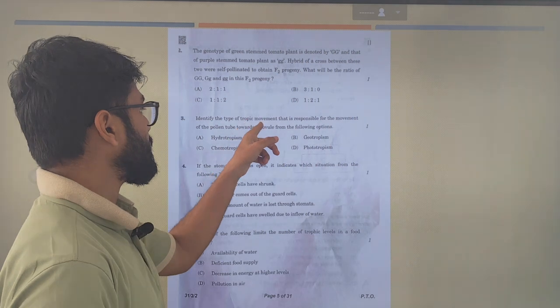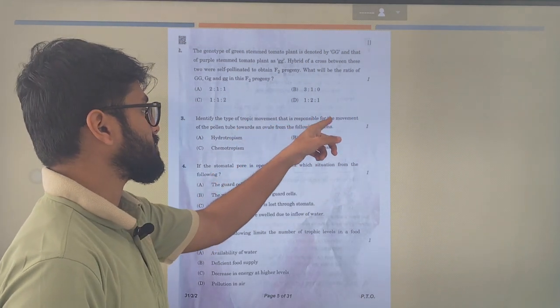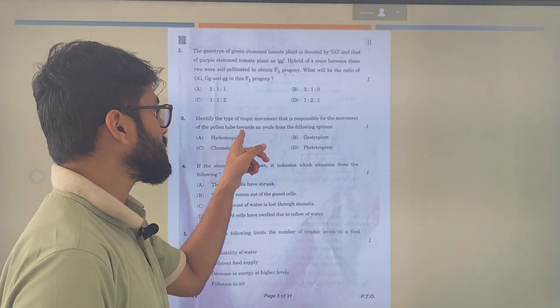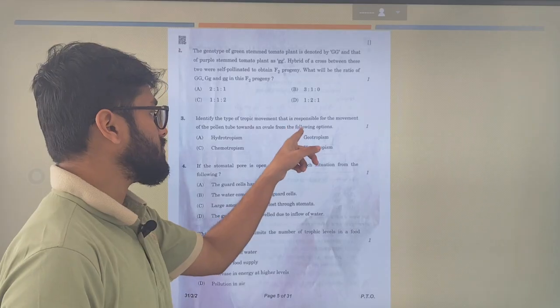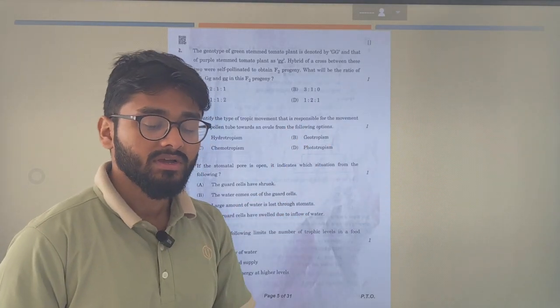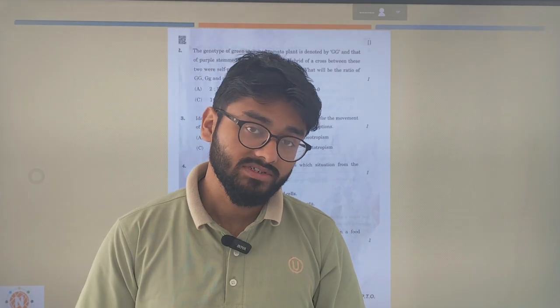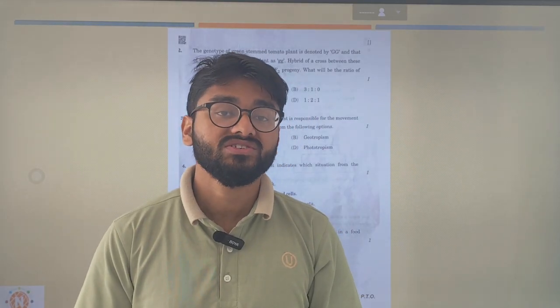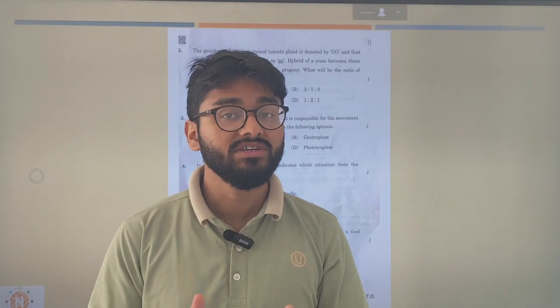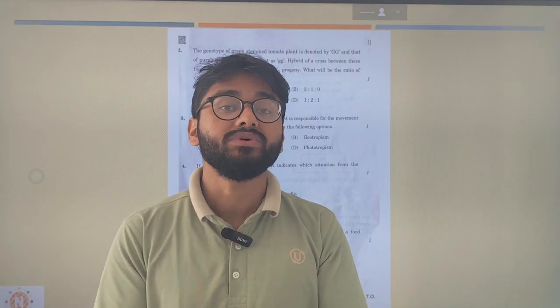Third, identify the type of tropic movement that is responsible for the movement of pollen tube towards an ovule in the following options. As in previous classes I have already discussed with you, biology as such is not very complex. All you need to know is that you can break the words.